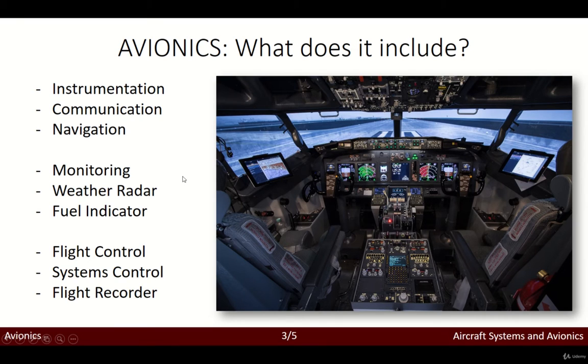We also have, for instance, the weather radar, which is a way of understanding what the weather conditions are in the surroundings. I believe this is the weather radar over here. We'll discuss this a bit more later on, but the idea is to visualize the weather conditions outside of the aircraft, and we have a system in our aircraft capable of doing that.